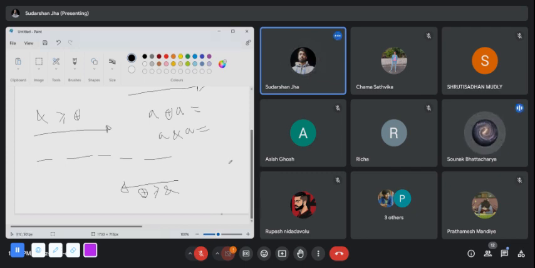First one is 0, second one is A. Okay, cool. So that's right. A xor A is 0 and A and A is A. So let's observe one thing.